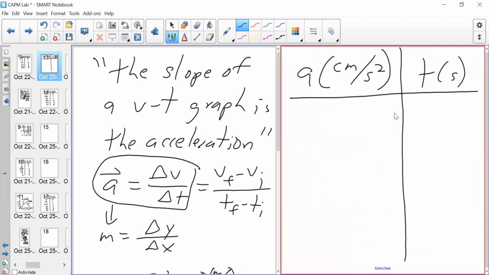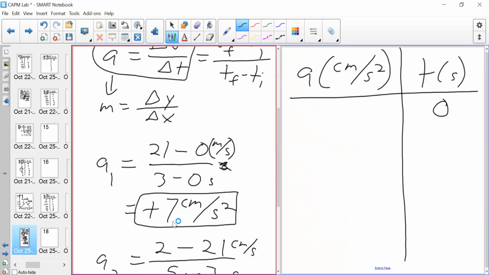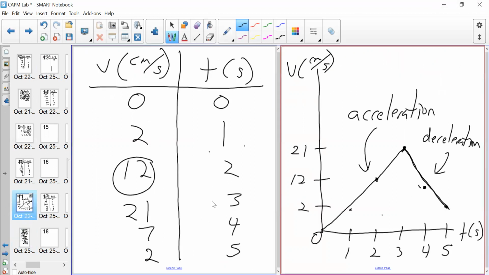So at 0 seconds, it's going to be a little bit different here. But at 0 seconds, the acceleration is going to be constant at this rate, 7 centimeters per second squared, from 0 seconds all the way to 3. Why do we know that? Because this slope is not changing between 0 and 3 seconds.